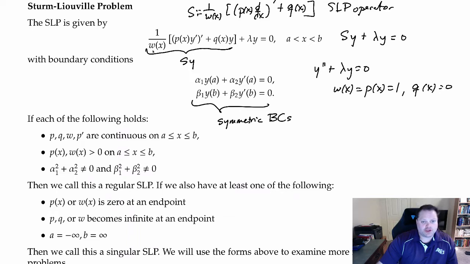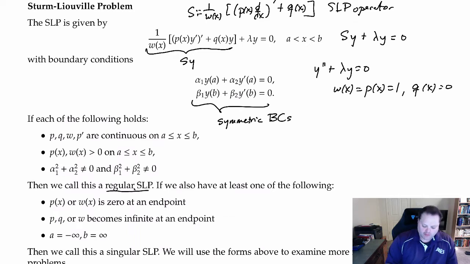If the functions w, p, q, and p prime, so you need the derivative of p to be continuous as well, are all continuous, and p and w are positive on the interval, and as long as these things don't have a determinant of 0, that's what this means, you're just making sure that you can solve the resulting system. If all three of those things are true, then this SLP is called a regular SLP.